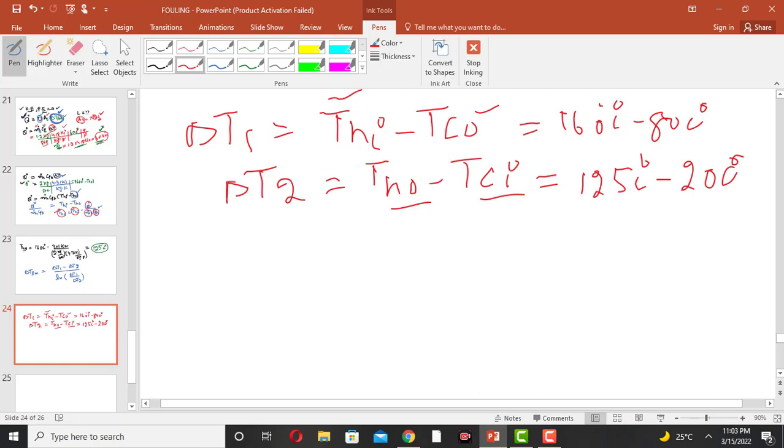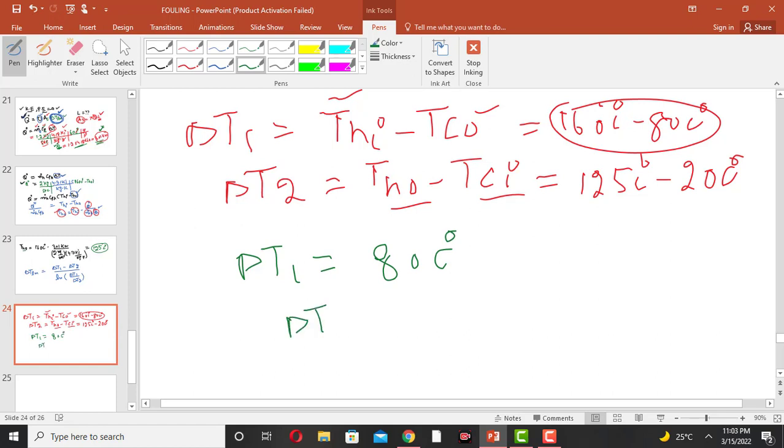So, from simplification of this, delta T1 will be equal to 80 degrees centigrade, and delta T2 will be equal to 125 minus 20, so it will be equal to 105 degrees centigrade.